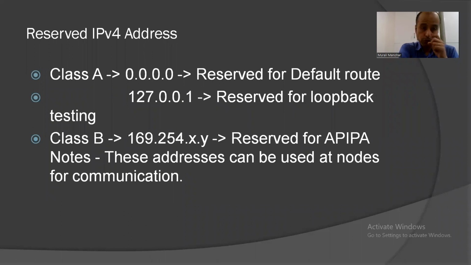These two addresses belong to class A, but in class B, there is 169.254. From 169, you can understand that this IP belongs to class B. The 169.254 series is reserved for the APIPA address.